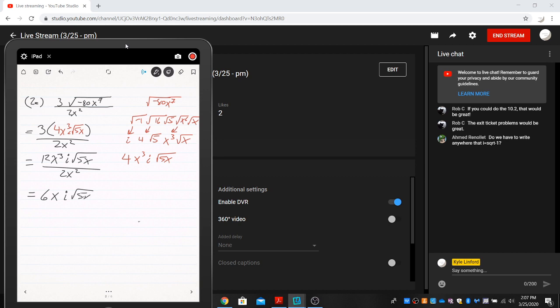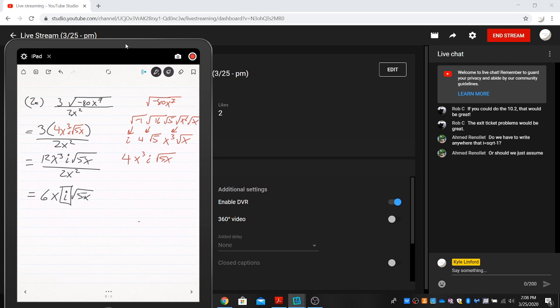Those don't simplify. Now, a student had asked me in previous classes about trying to simplify things with i. And after talking with them a little bit more and trying to clarify what they were asking, people seemed to think of i as being like a variable. Ahmed, you're asking, do we write anywhere that i equals square root of negative 1, or should we just assume?